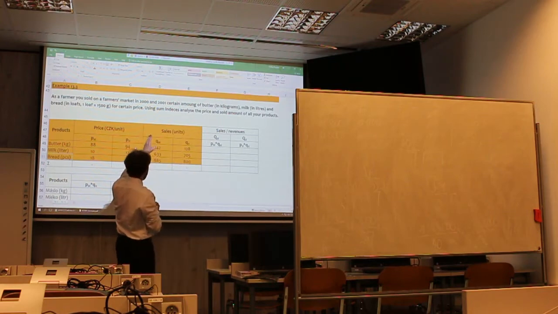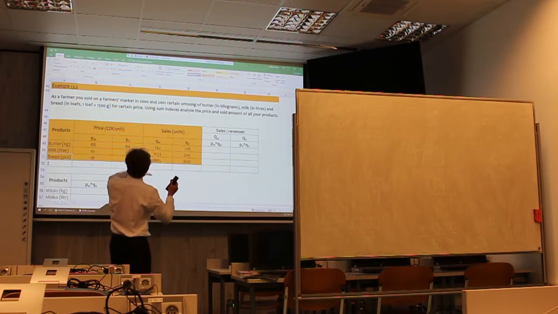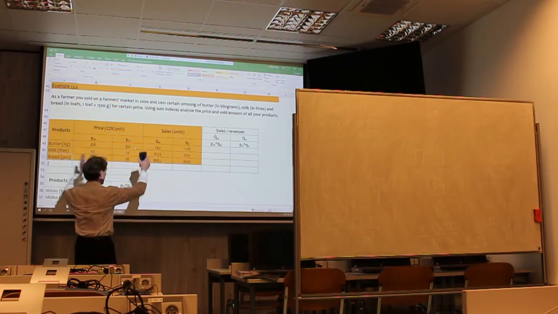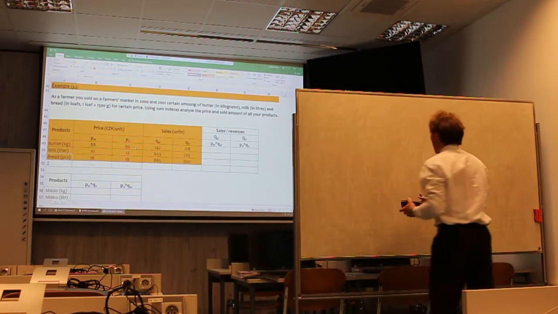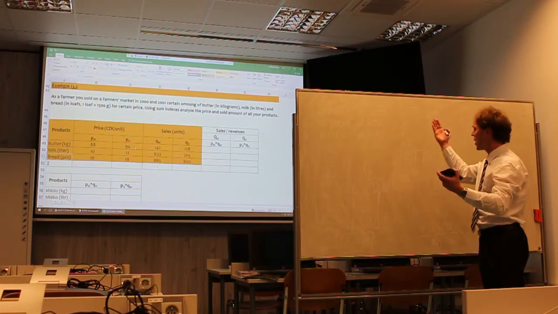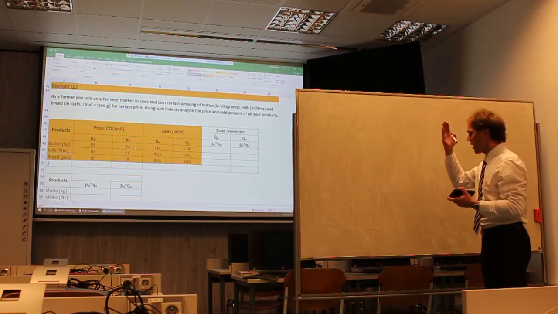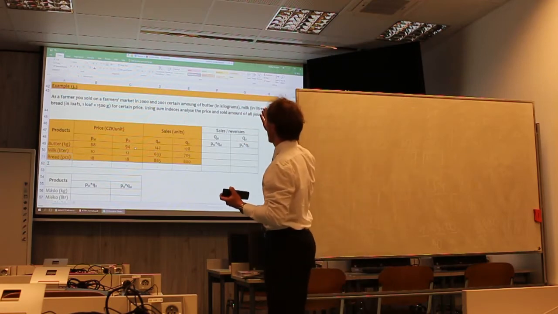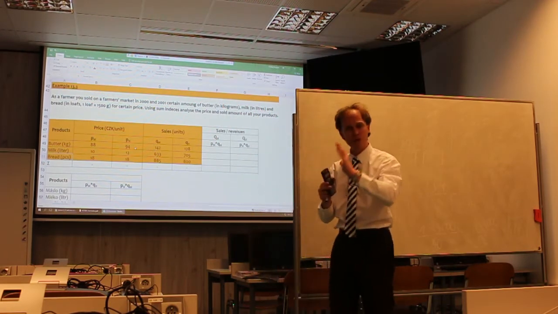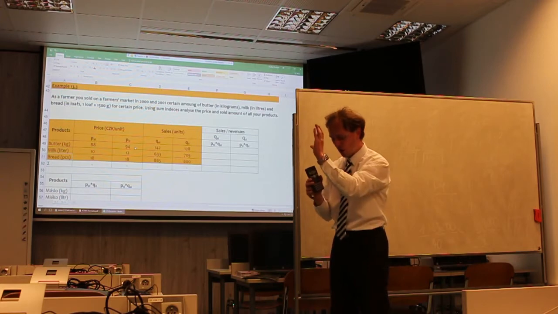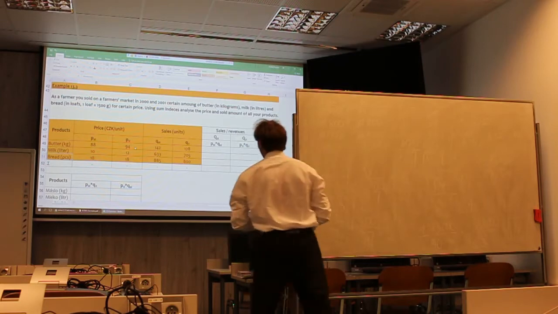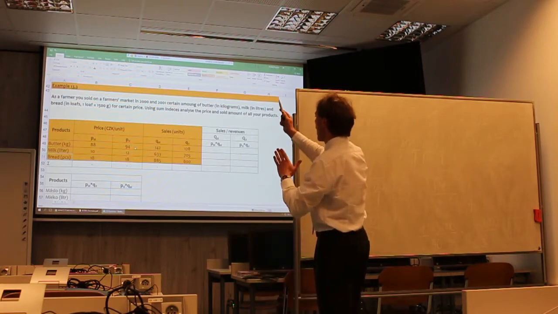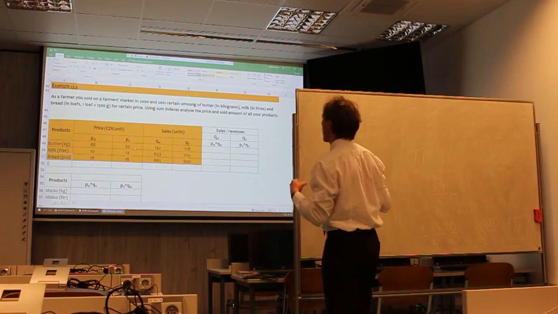So using some indices, we will analyze the price and sold amount of all our products. So this orange table will be written, for example, in your final test. And according to index number analysis, we must analyze the situation about development of prices and sales between year 2000 and 2001, between base and current period. Yes. So again, I will rewrite the values on the whiteboard.